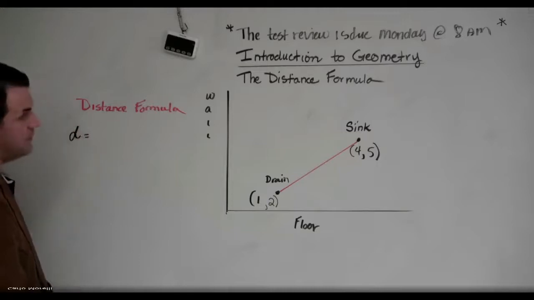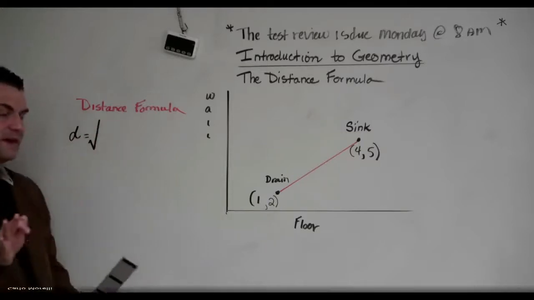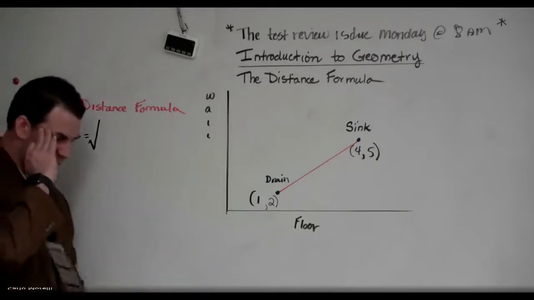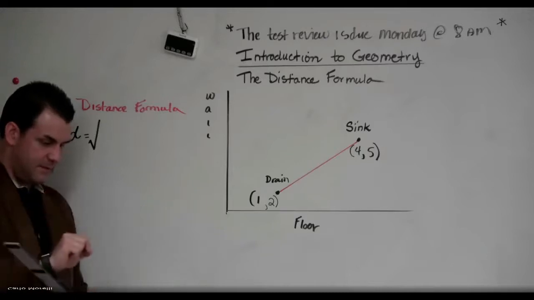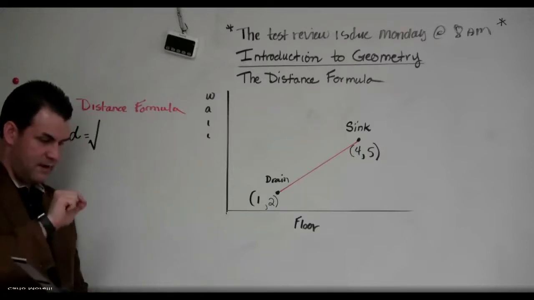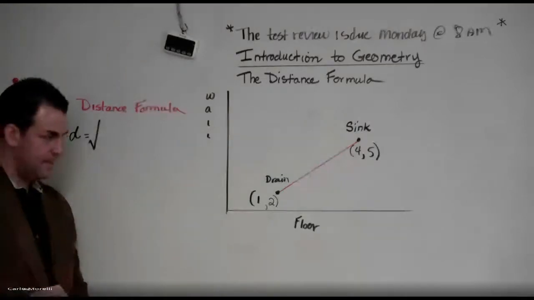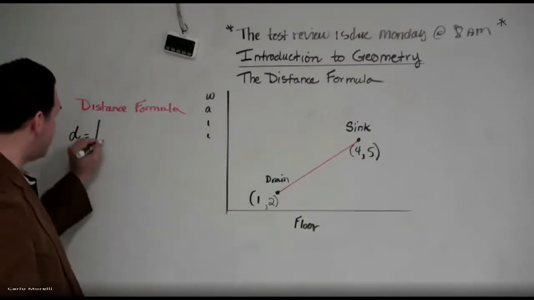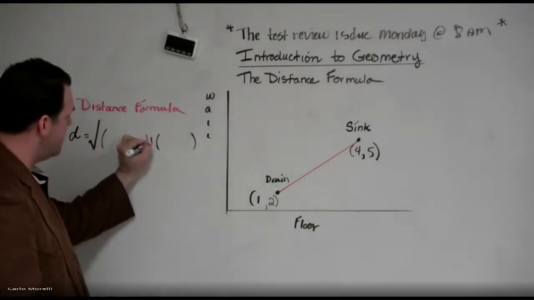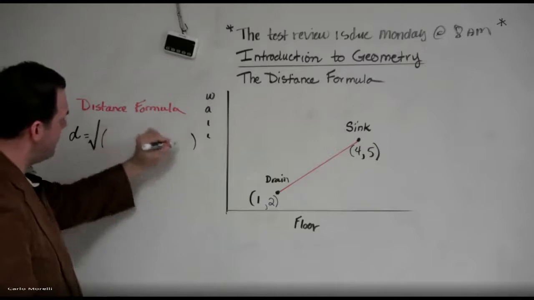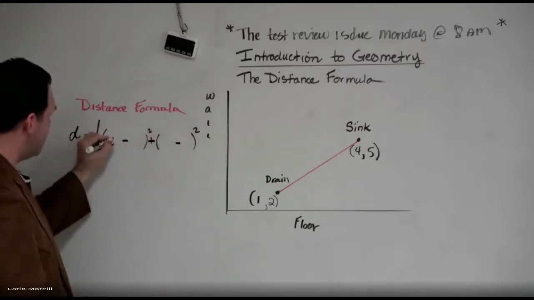D is equal to the square root, and I'm going to say it out loud because I want you to hear this. It's the square root of the sum of the squared differences of the x and y values. Okay, so what that looks like written down is the square root of the sum of the squared differences of the x and y values.